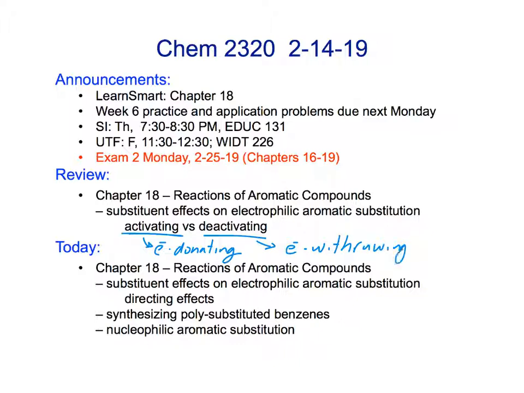And we can understand this difference just by thinking about the role of the benzene ring, which is to be a nucleophile, right? So the more electron density there is in the ring, the more nucleophilic it will be. We started after that talking about directing effects.